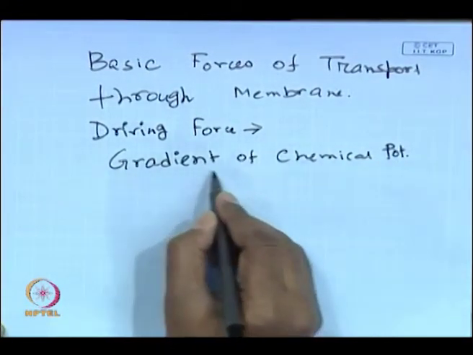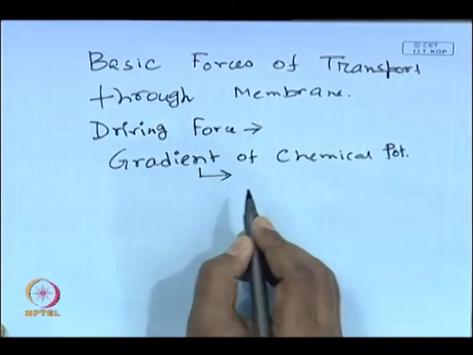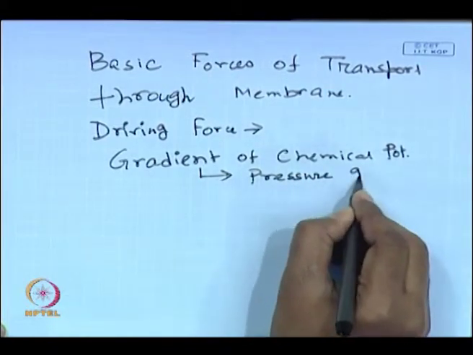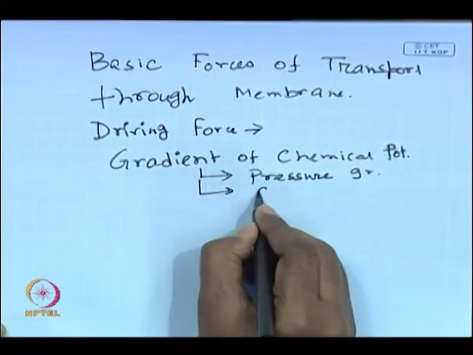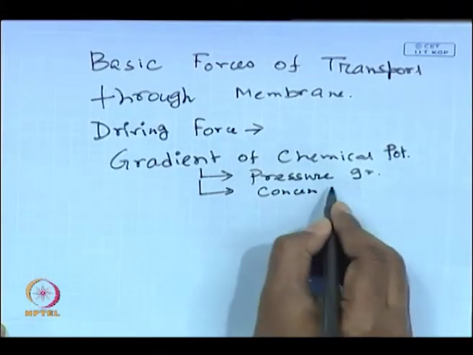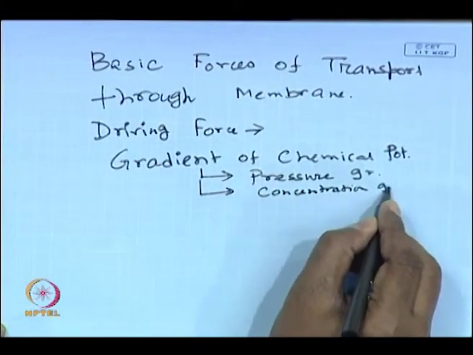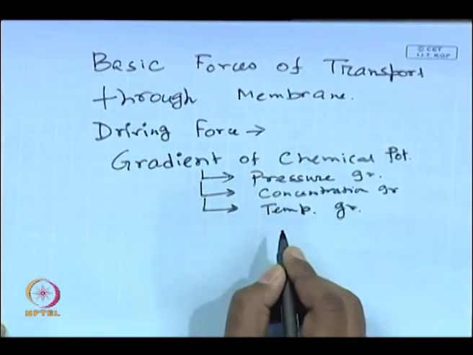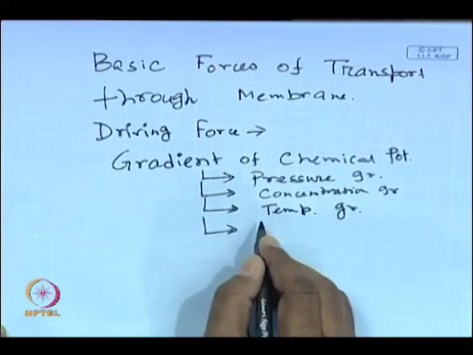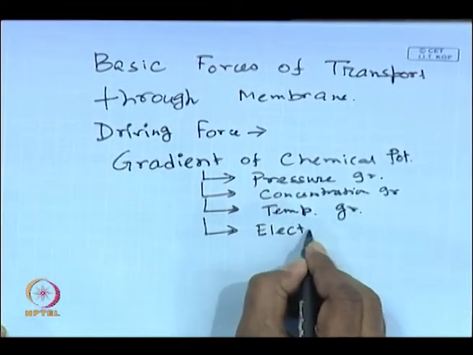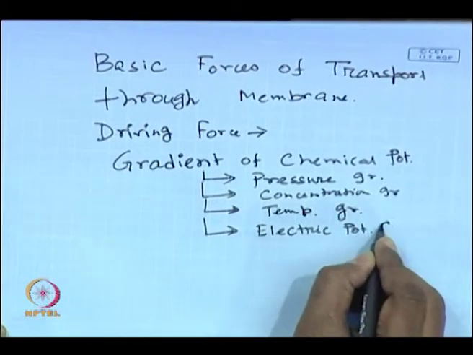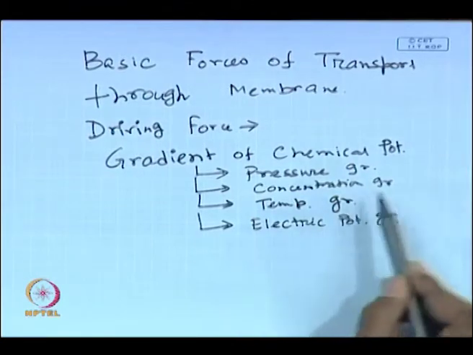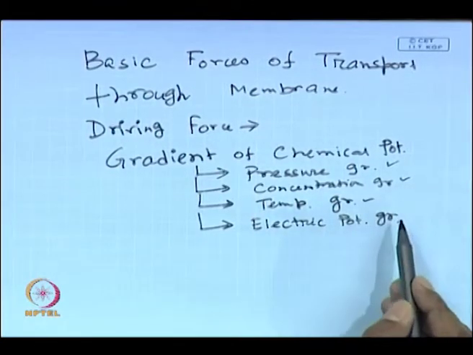Now, this gradient of chemical potential will have three components: pressure gradient, concentration gradient, and temperature gradient. You can have an electrochemical, electric potential gradient as well. Typically, chemical potential has three components, pressure, concentration and temperature, for a neutral solute.